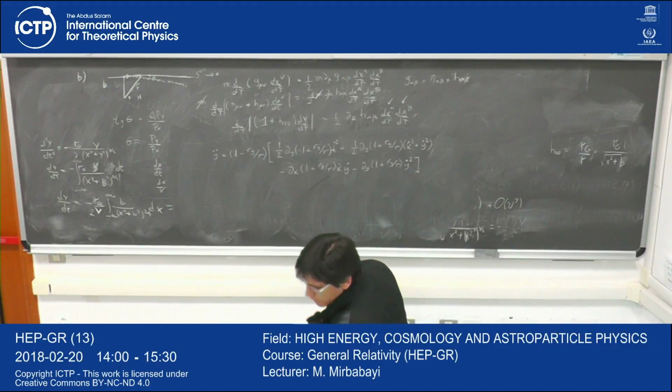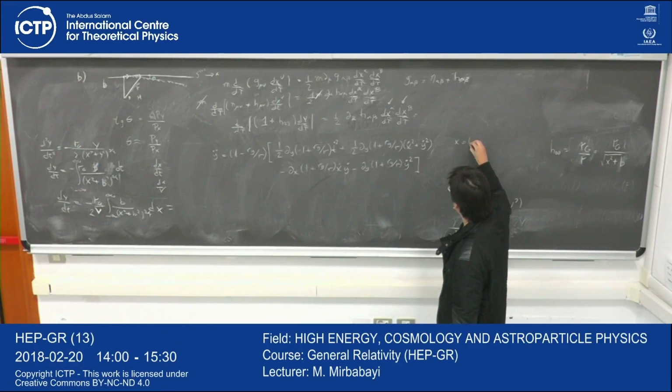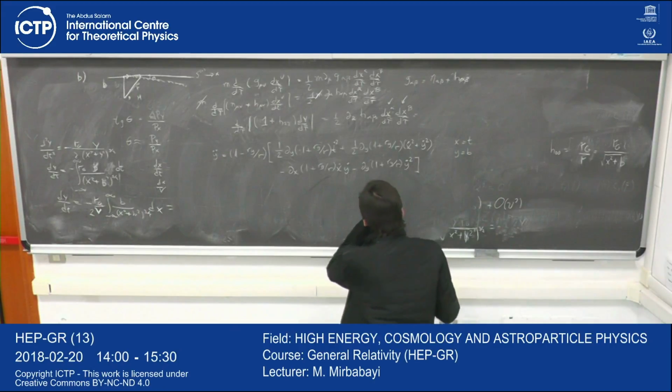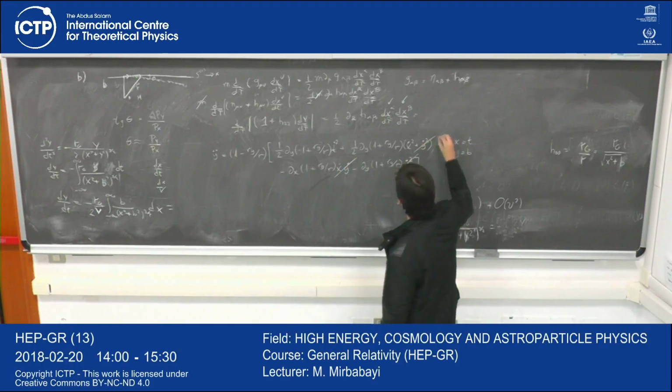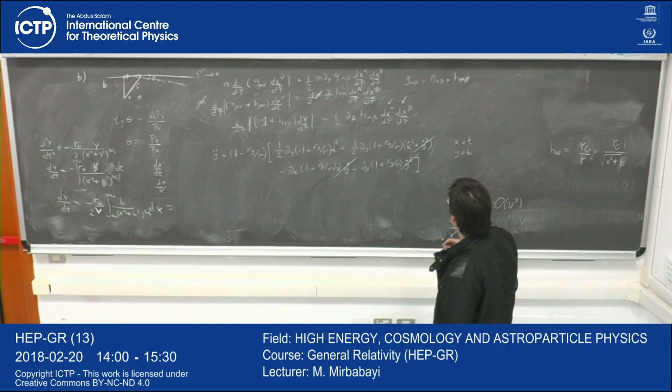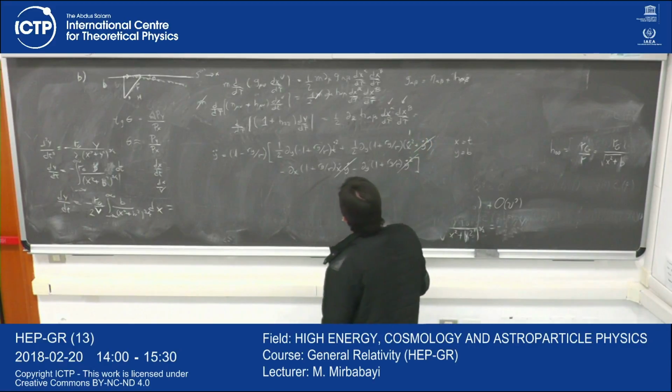Again, the zeroth order trajectory is x equal t, and y equal b. So the terms with y dot go away. So this is not there. This is just 1. And this one is 0.